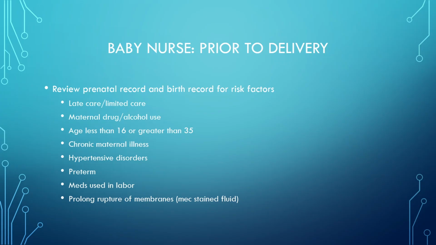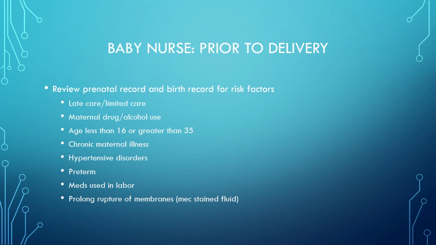If there's a history of maternal drug or alcohol use, if the maternal age is less than 16 years old or greater than 35 years old, if there's some sort of chronic maternal illness like hypertension or diabetes, any hypertensive disorders of pregnancy, so think of gestational hypertension, preeclampsia, HELLP, any of those.